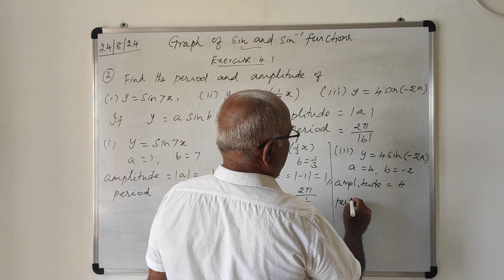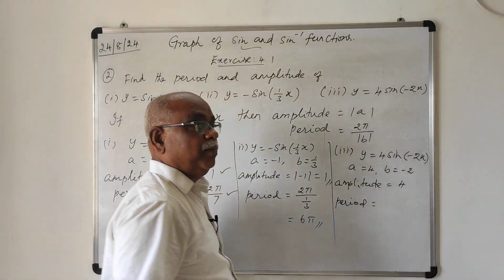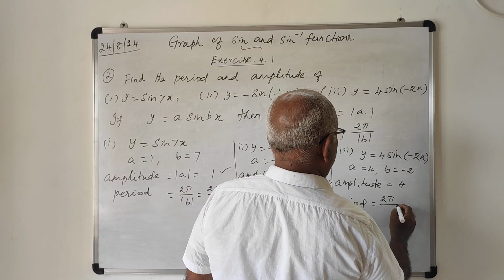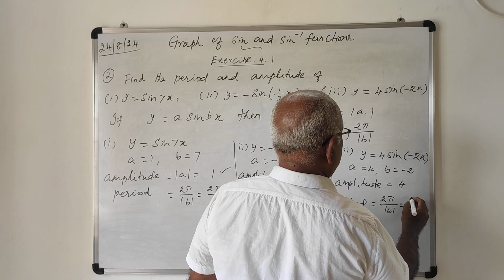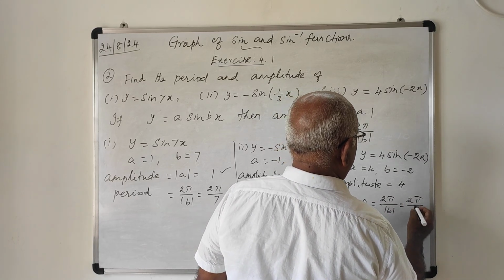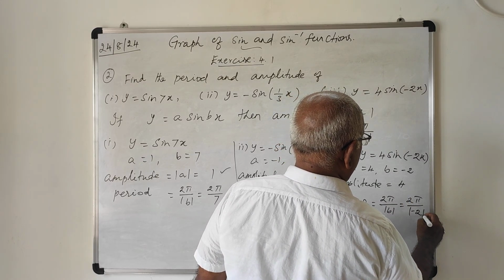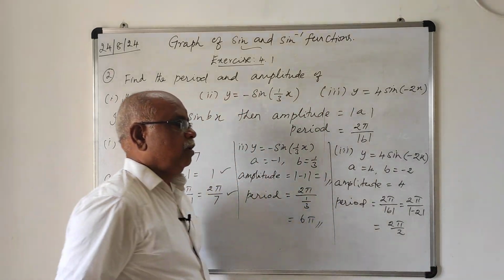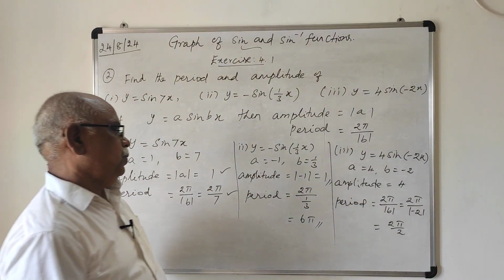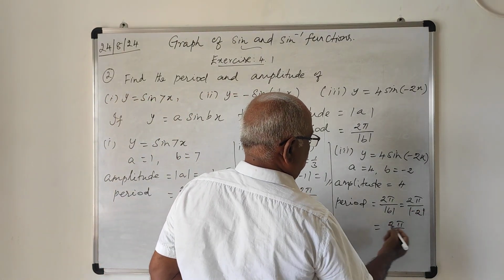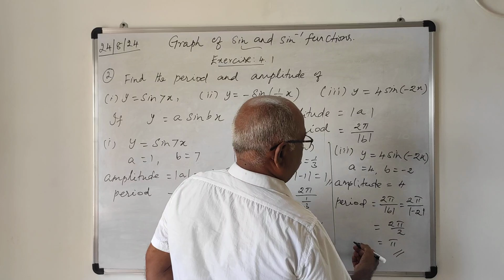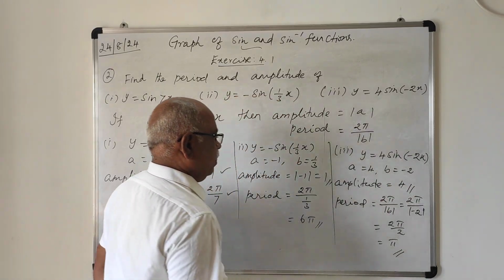Period is 2 pi by mod b. Mod of b is mod of minus 2, which is 2. So 2 pi by 2; the 2s cancel, and you get only pi. So period is pi, amplitude is 4 for that problem.